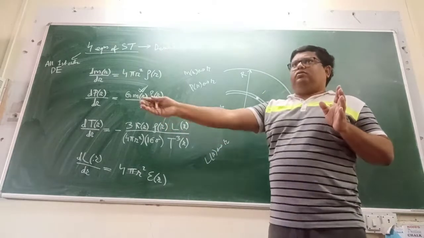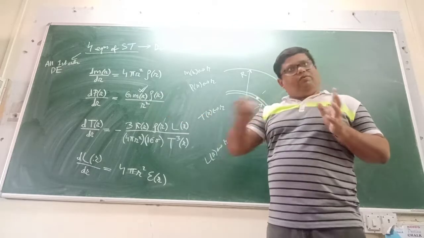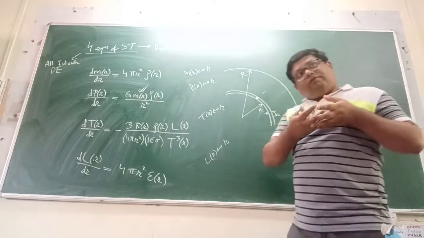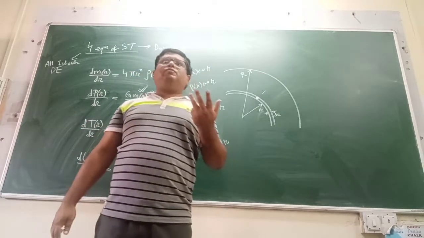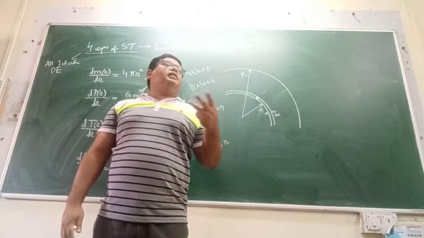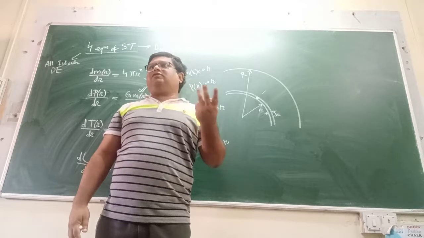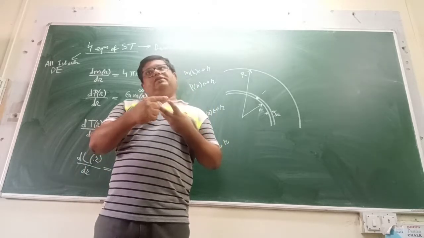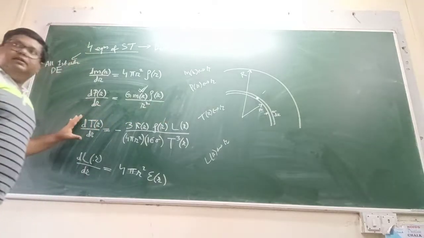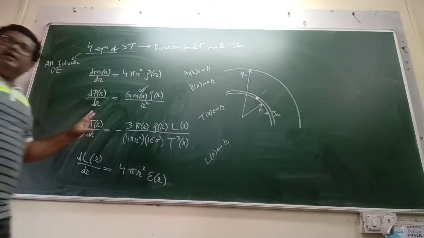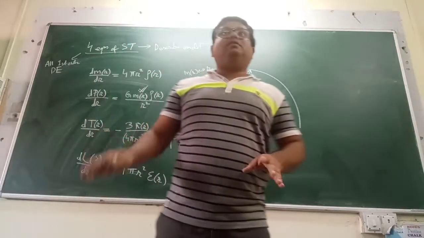There will be flow, definitely. Flow of heat, right? What are the various ways of energy transport, heat transport? Conduction, convection, radiation. Here I have considered only radiative energy transport. So this is the equation of radiative energy transport.